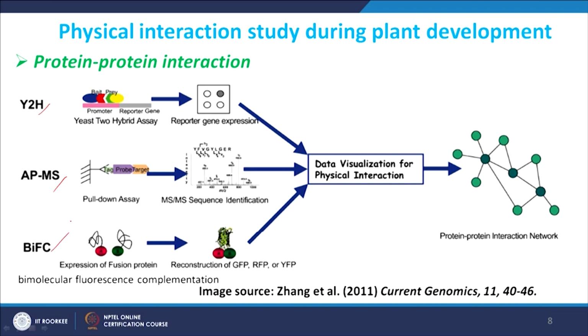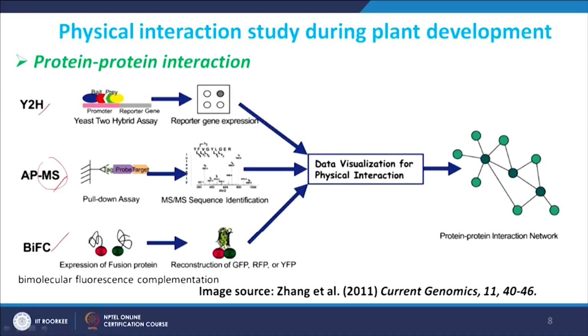So, in yeast two hybrid, what we are doing, you take a gene and you basically clone both the genes. So, here what is important is that you have to have both the genes cloned in different vectors. One will be fused with the bait and one with the prey, and if both the genes are interacting, then the bait and prey will come together and they will give some kind of signal.